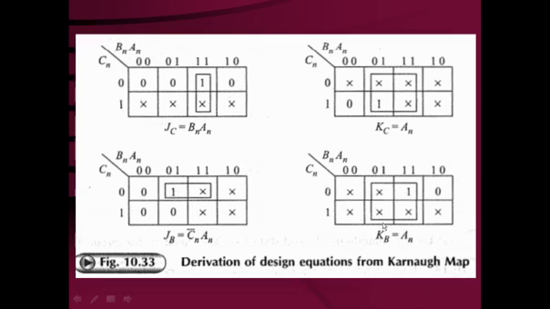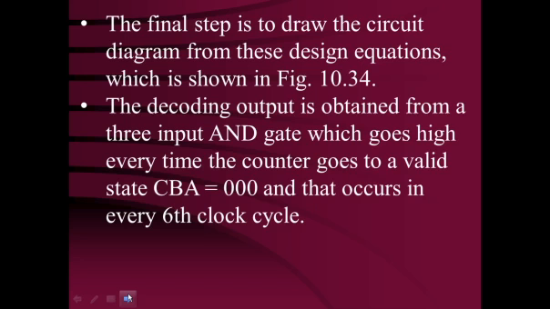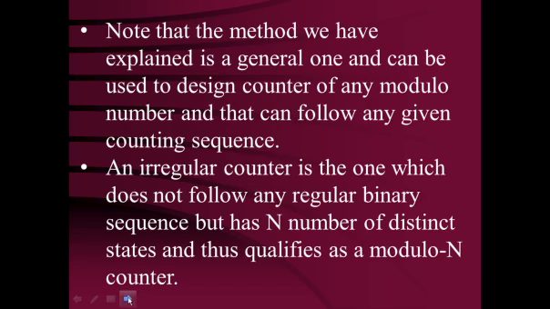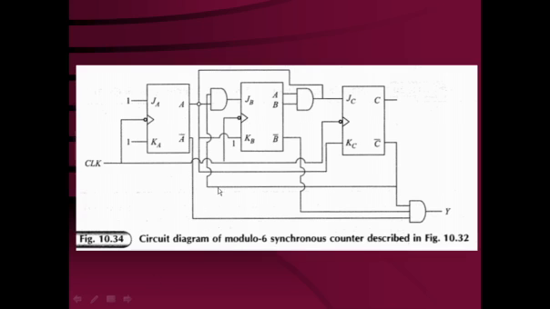JB and KB. JB is equal to Cn bar An, and KB is equal to An. How can we connect this? You can see that JB is equal to An and Cn bar.